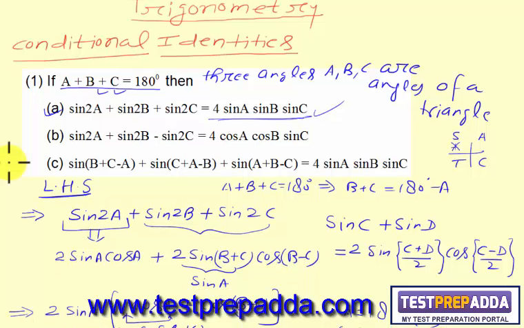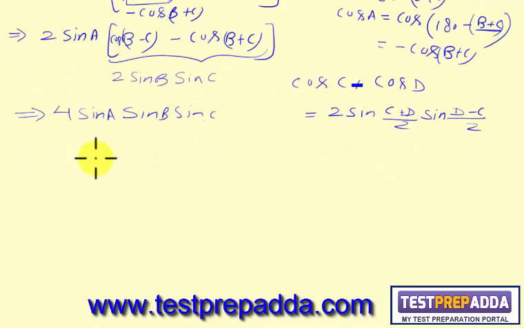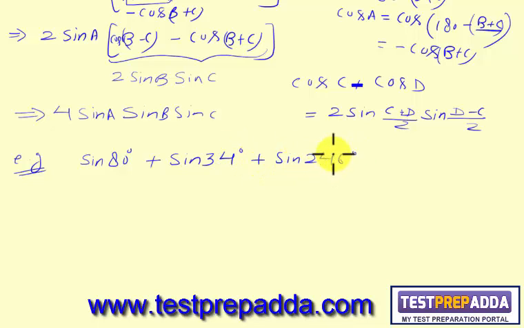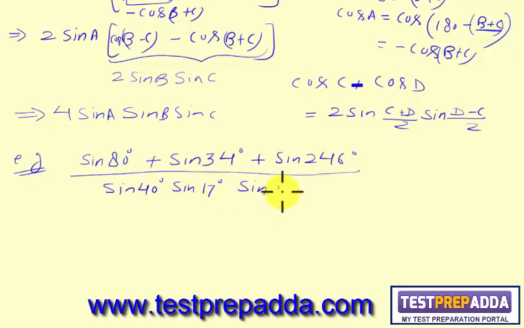Okay, so for example, if I ask you what is the value of (sin 80° + sin 34° + sin 246°) upon (sin 40° into sin 17° into sin 123°).